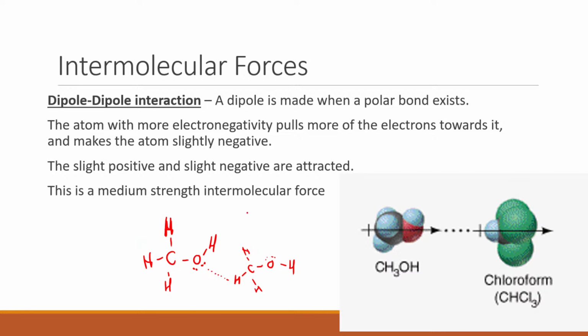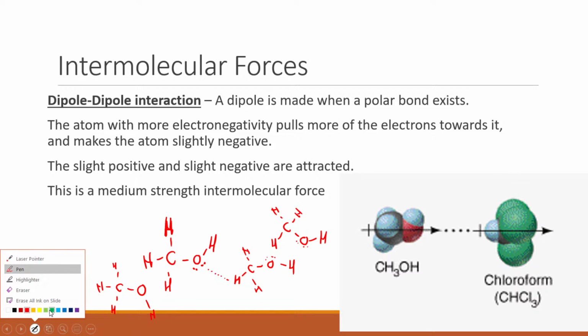If I were going to draw another one, I would put an O over here and draw the rest of the molecule around that. I see this O over here, so I would put an H over here and draw the rest of the molecule around that. And this creates these little attractions that are not bonds, but make these things stuck together a little stronger.